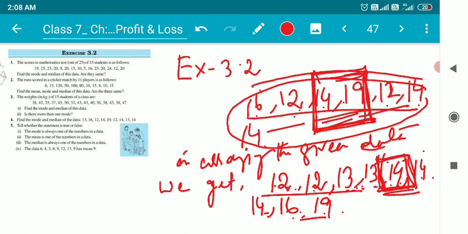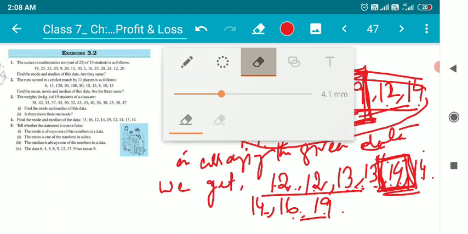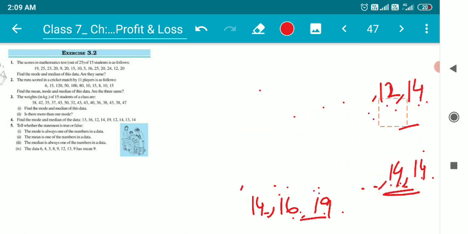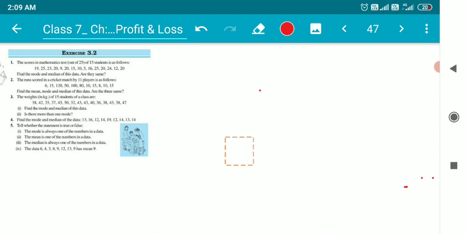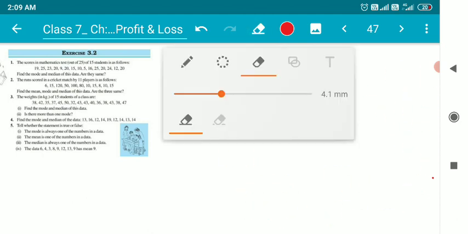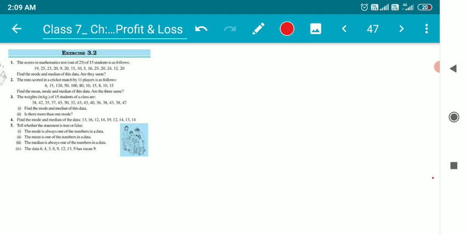Next, question number 4: the data 6, 4, 3, 8, 9, 12, 13 and 9 has mean 9. Children, there is no observation from here. We have to simply add them and divide, which means we have to find the mean.